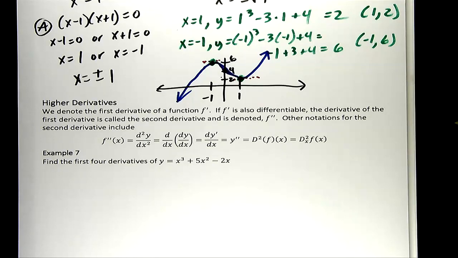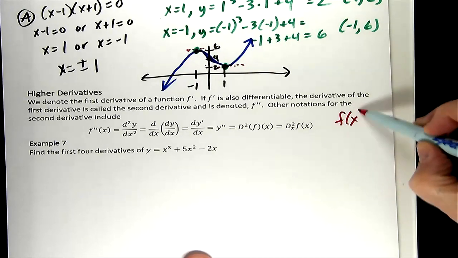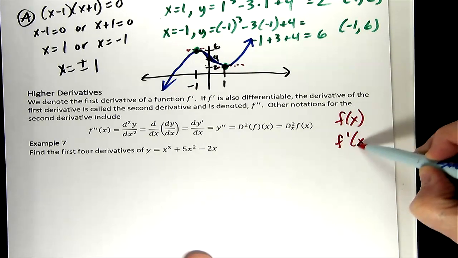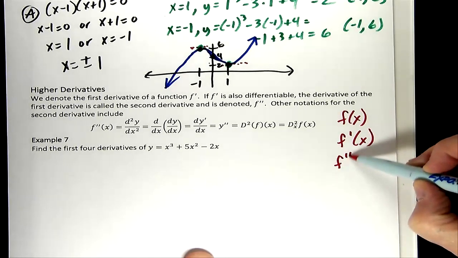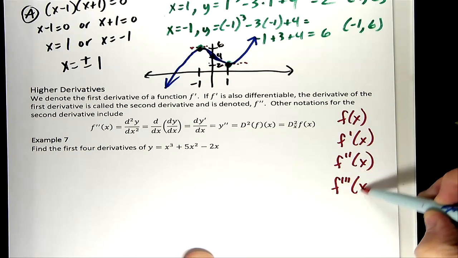So higher derivatives, this paragraph has a long way of saying, so long as the derivative exists, we can keep taking derivatives. We would start with f of x. The first derivative is known as f prime of x. Then we have f double prime of x, f triple prime of x.